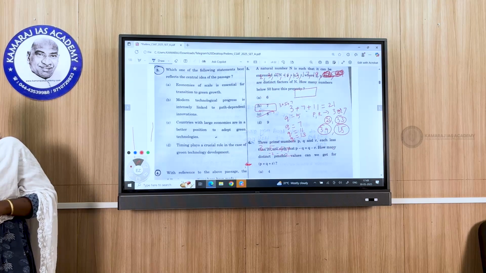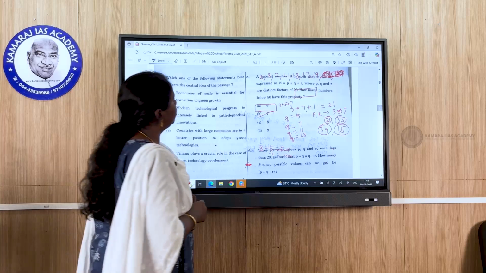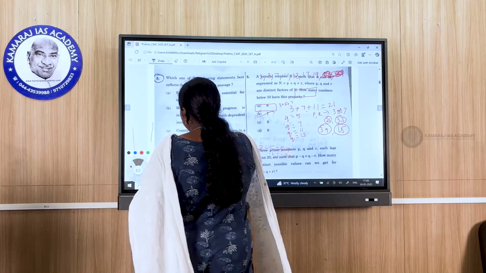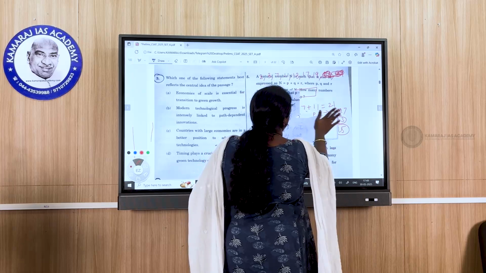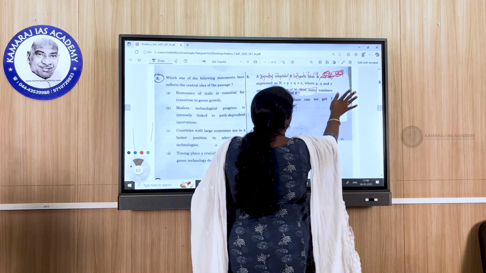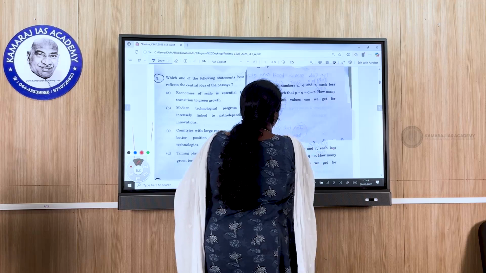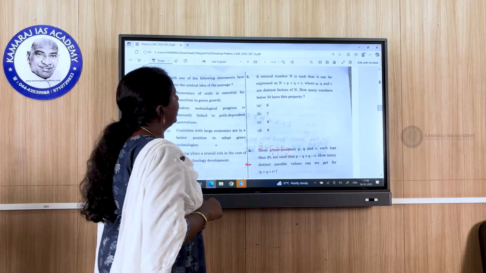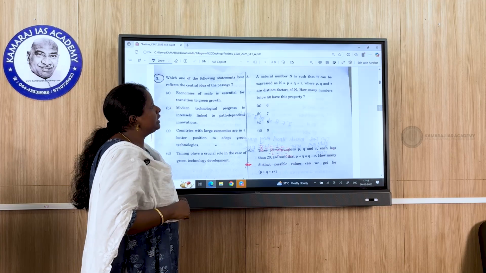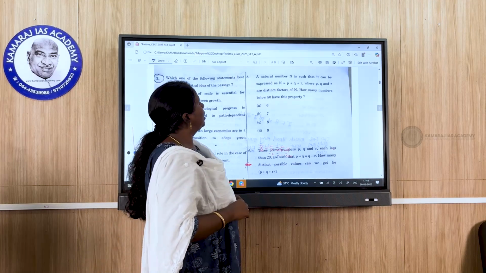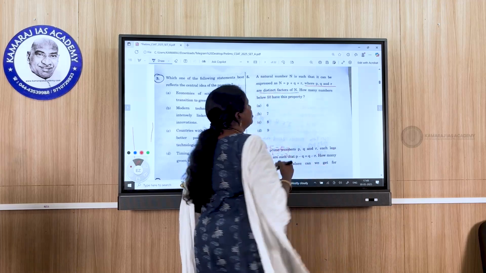So the last question here. A natural number n is such that it can be expressed as n is equal to P plus Q plus R, where P, Q, R are distinct factors of n.